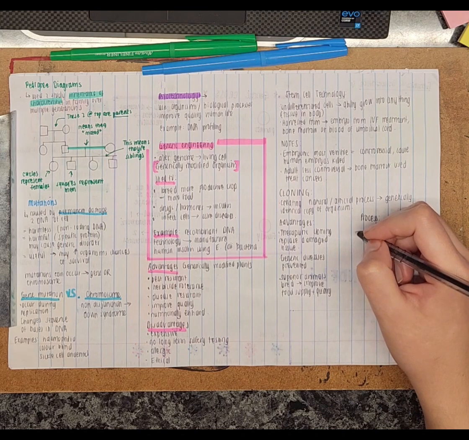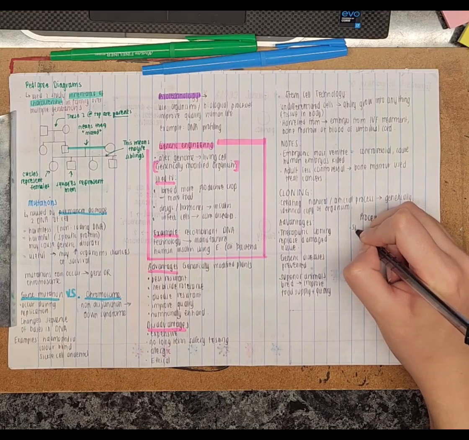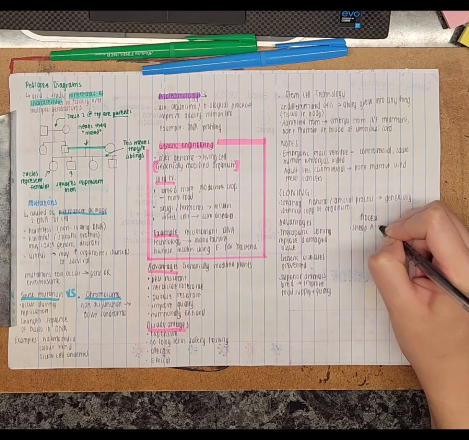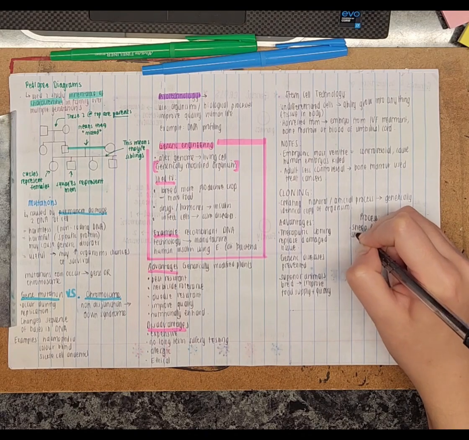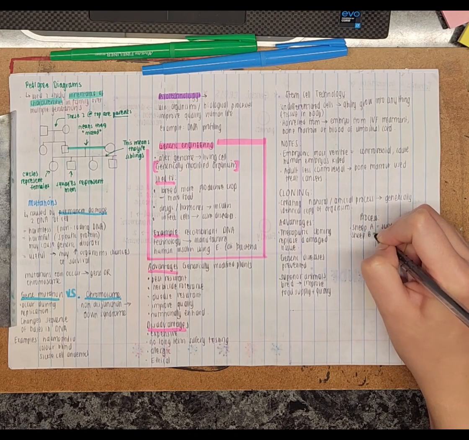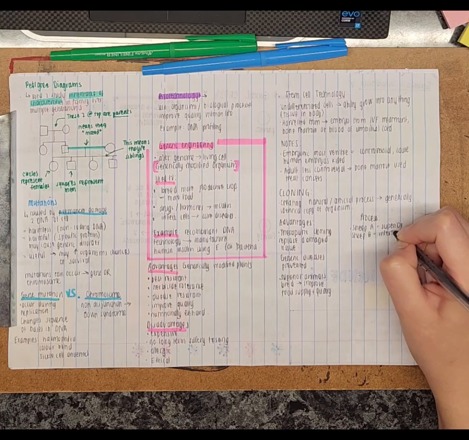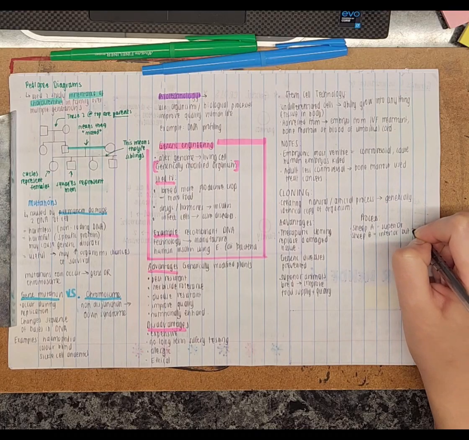Cloning is when you use artificial processes to make a genetically identical copy of an organism. Advantages: therapeutic cloning can replace damaged tissue, genetic diseases can be prevented, and superior animals can be bred to improve food supply and quality.